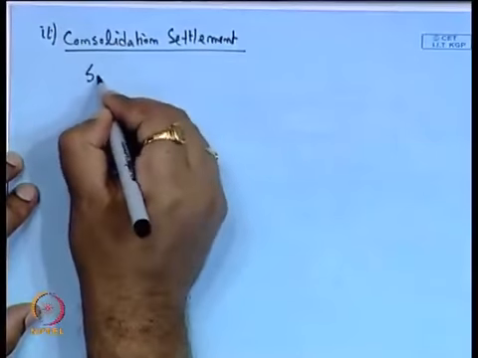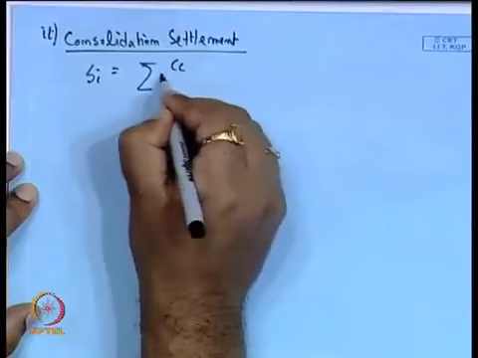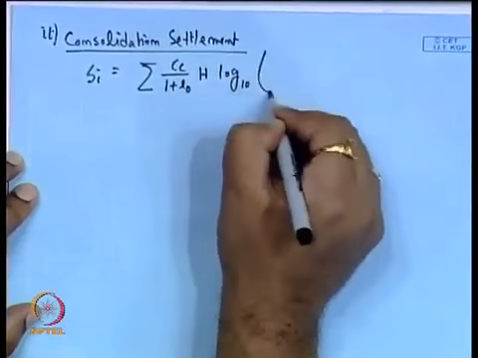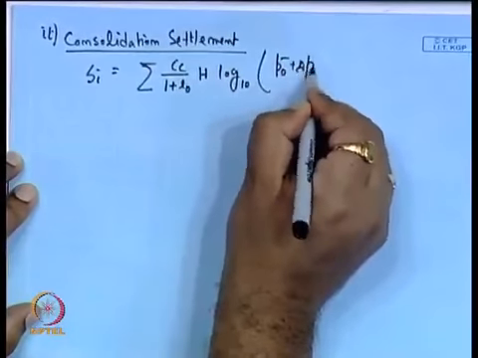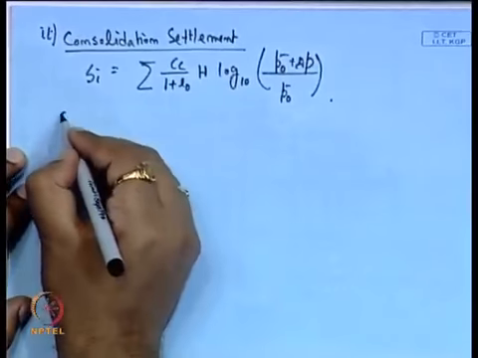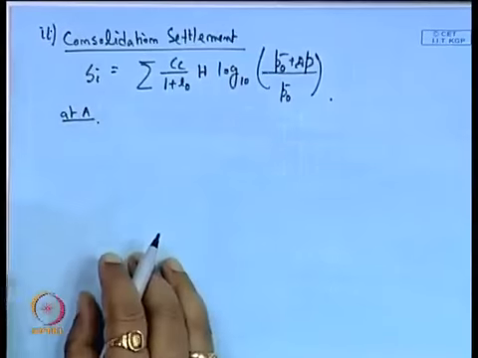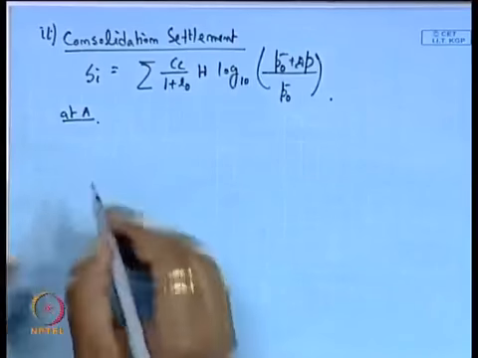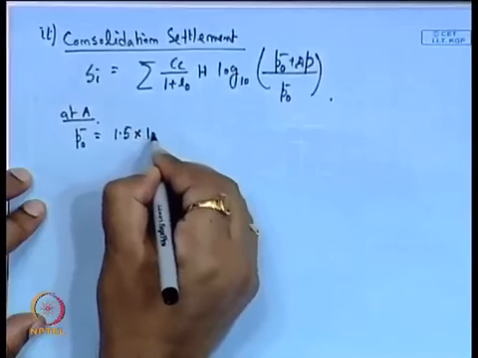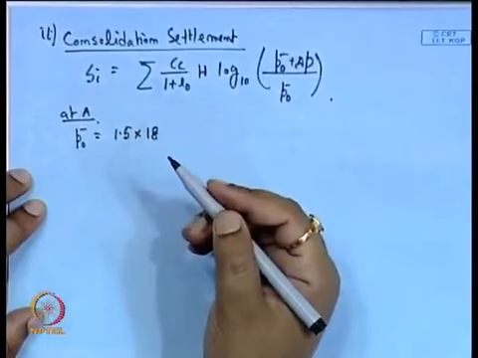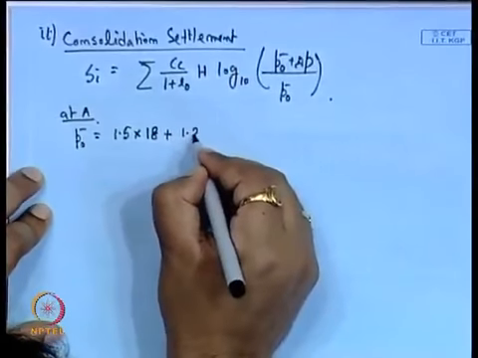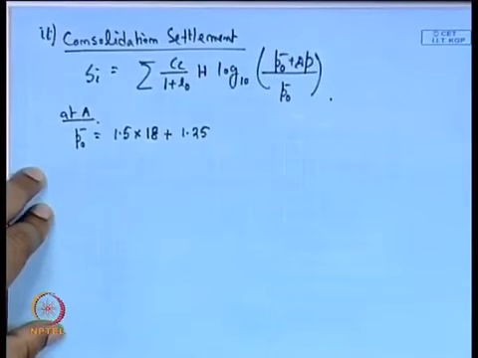Consolidation settlement is the summation of Cc by 1 plus e0, times the thickness of each layer, times log 10 of P0 bar plus del P divided by P0 bar. Now, at A, as we are taking the middle point of each layer, P0 bar will be 1.5 into 18, because this is above the water table, that is why 18, plus below the water table we consider 1.25, because this is the center of this layer.